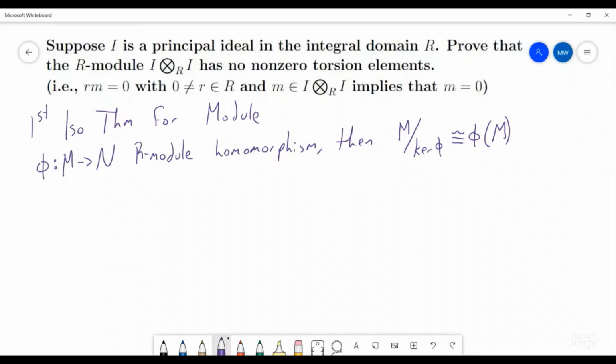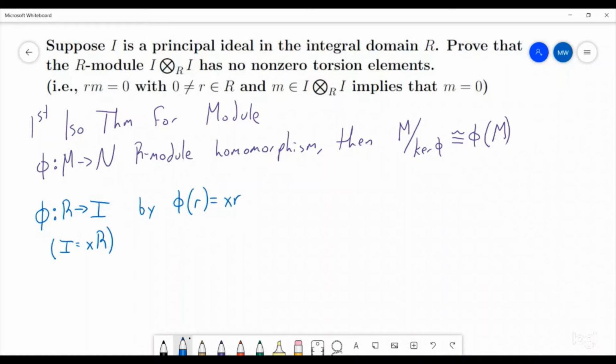So this is what we're going to be using. How can we use this to help us out? Well, we are going to define phi from R to I, where I is our principal ideal, and specifically we're going to say I is equal to xR, since it's a principal ideal, generated by a single element of R. So phi of r is equal to xr.